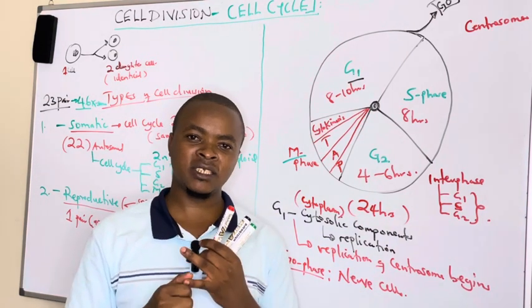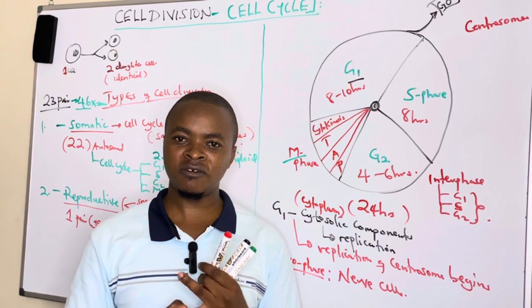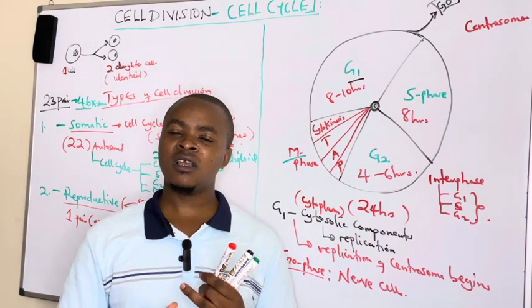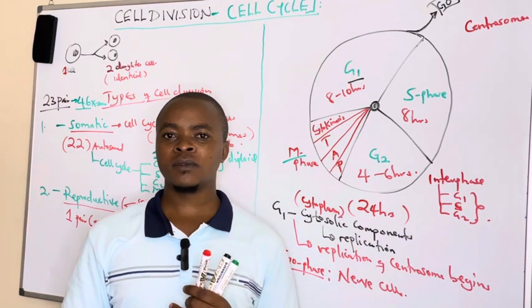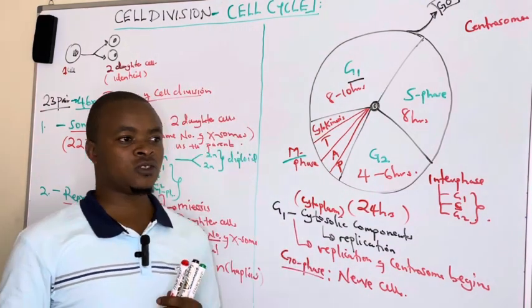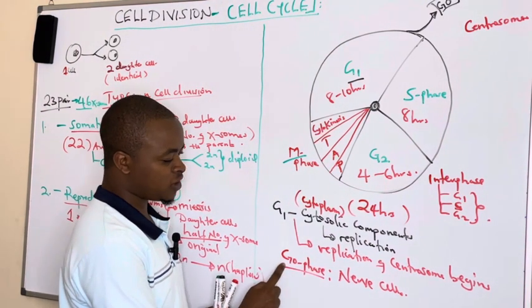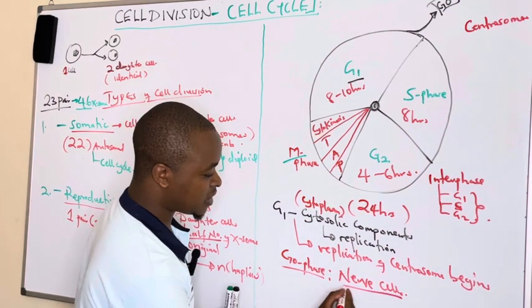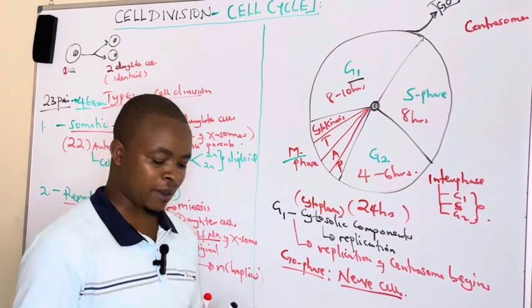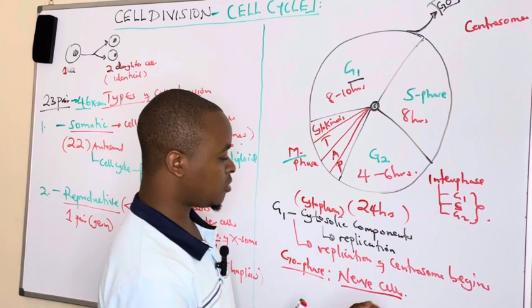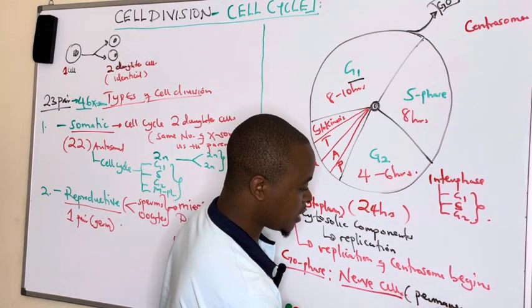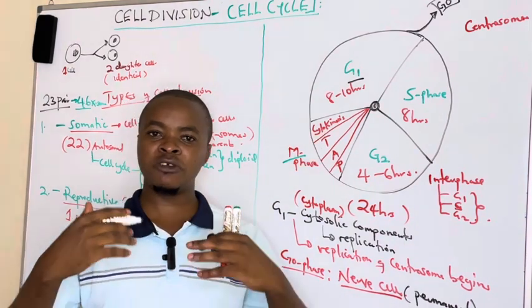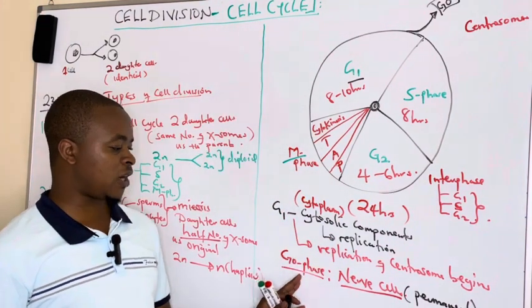So whenever there is an injured cell, it is replaced by somatic cell division. And whenever there is a dead cell, it is also replaced by somatic cell division. So meaning the cells which undergo G0 phase, cells like nerve cells, once damaged, they are damaged permanently. They cannot be replaced or renewed since they undergo G0 phase.